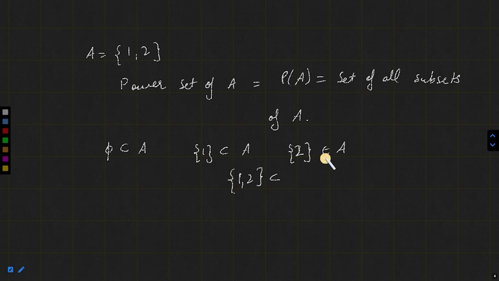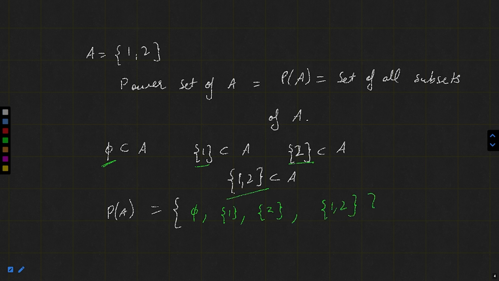Subset of A. So the power set of A will be what? Set of all such subsets. So this, and this one. Okay, I hope that it is clear to you.